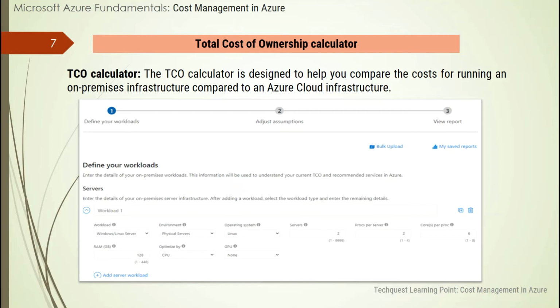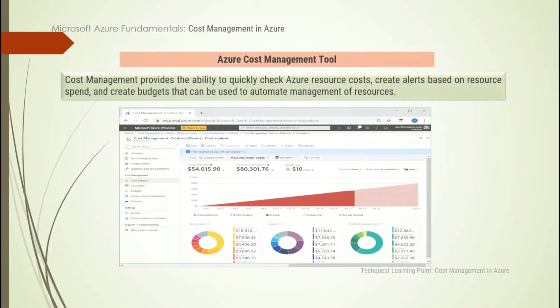With the TCO calculator, you enter your configuration and add in assumptions like power and IT labor cost, and are presented with the estimation of the cost difference to run the same environment in your current data center or in Azure.